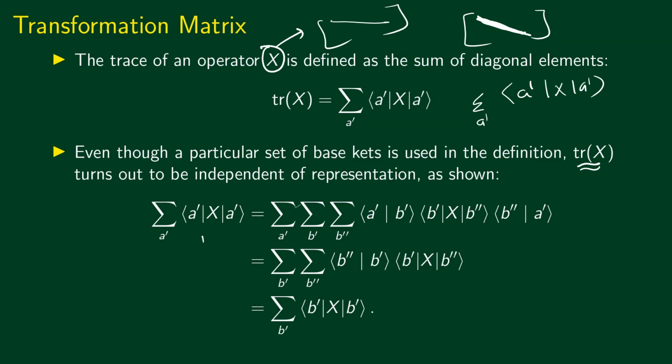So basically you introduce two identity operators of this form: sum over B prime, ket B prime, bra B prime. That's one identity operator. Since I am using one dummy index here, I'll use another dummy index here, so this is sum over B double prime, ket B double prime, bra B double prime.